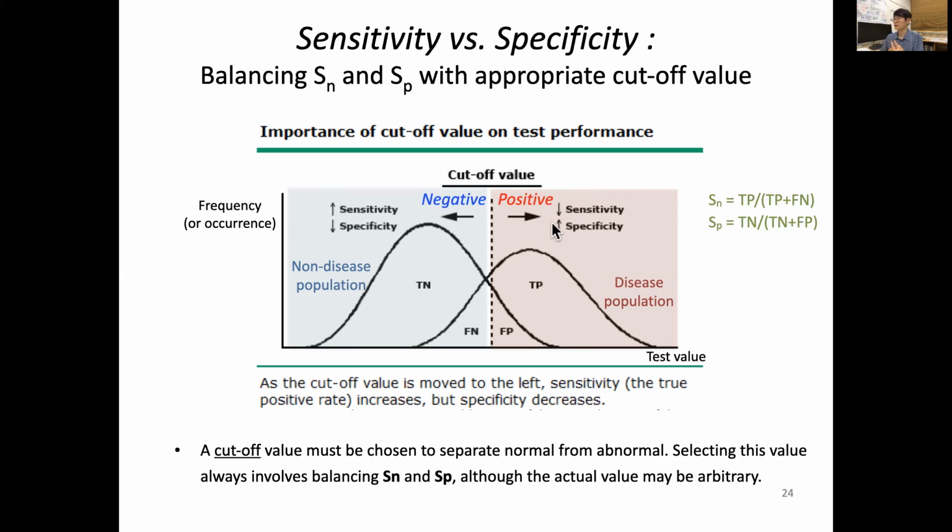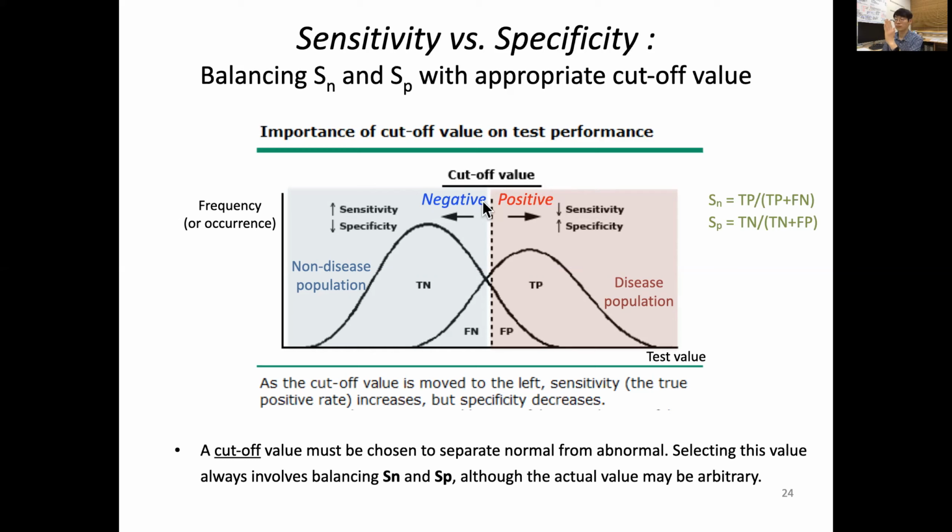If you set the cutoff value higher, then false positives will be fewer, and fewer false positives will increase specificity. While false negatives will increase, that means sensitivity will decrease. So you see the opposite effect: setting your cutoff value higher will inevitably give higher specificity while lowering sensitivity.